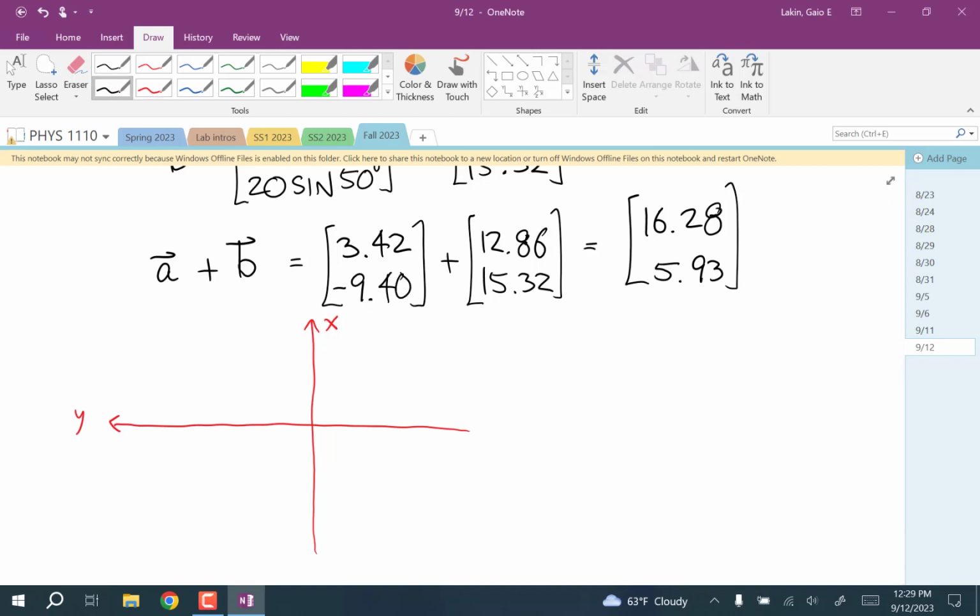And we want to go 16.28 in the positive x direction, and 5.93 in the positive y direction. And so you get a vector that's like this.